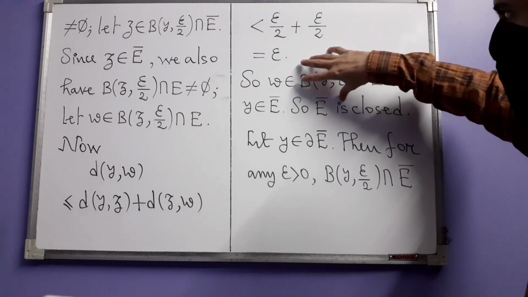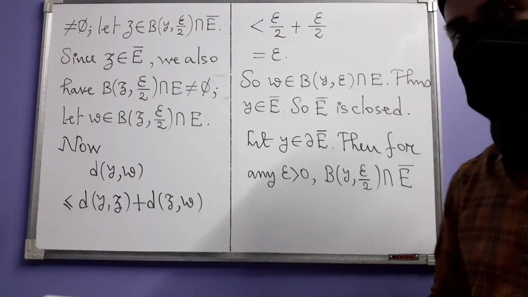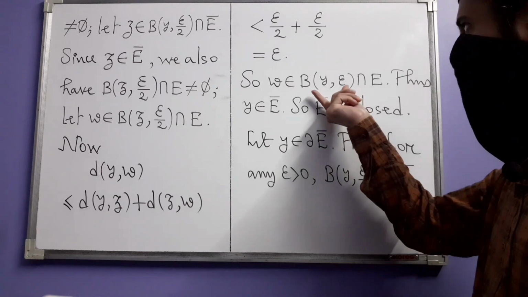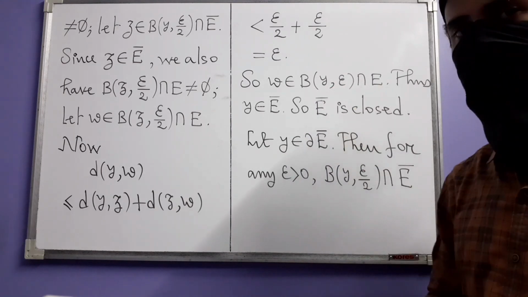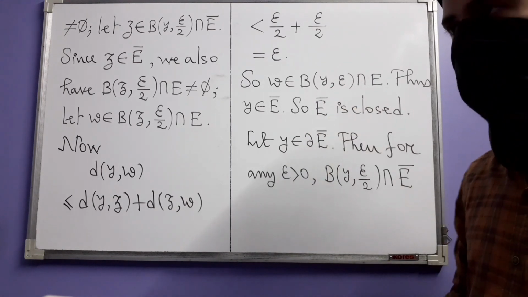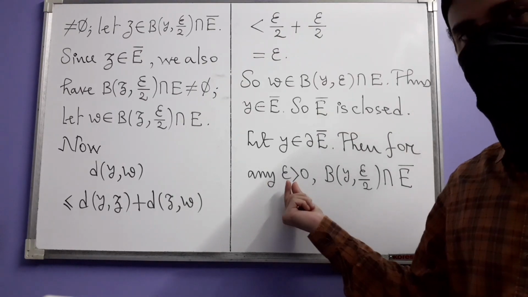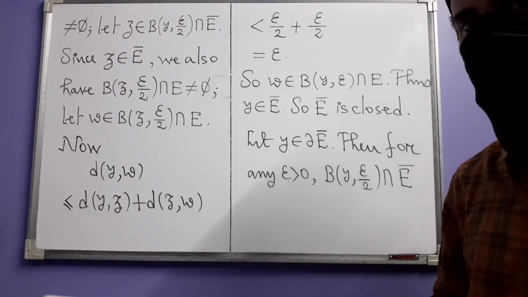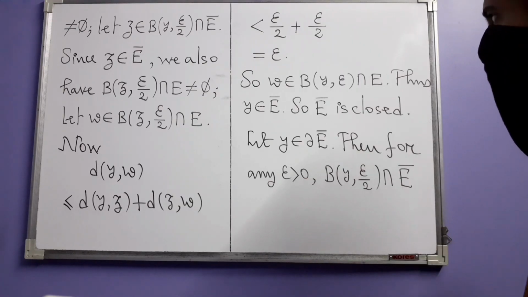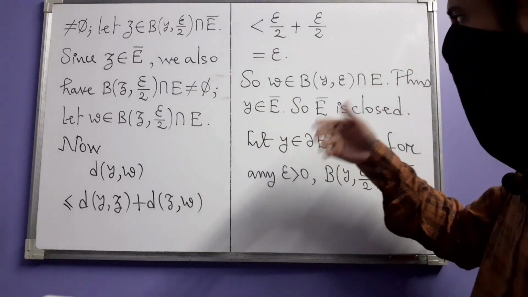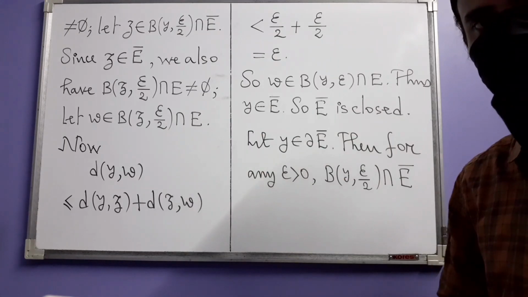The main thing is that this intersection is non-empty. Or in other words, we have shown that any ball centered at Y intersects E. Where is this any coming from? Any epsilon. Any ball centered at Y means having any radius, which is a positive real number. So by the definition of adherent points, Y is an adherent point, and that's why it belongs to E bar.